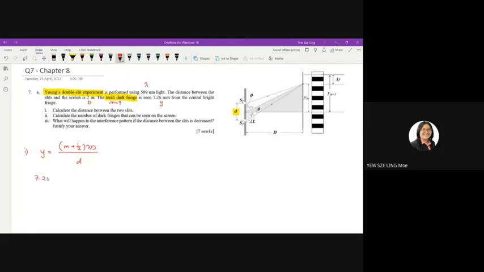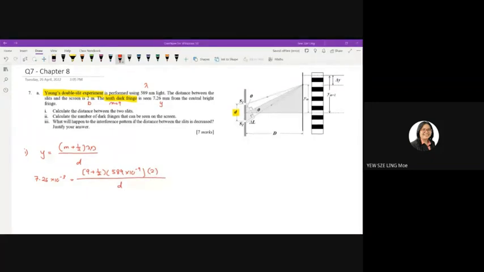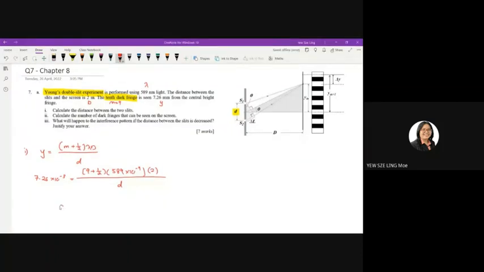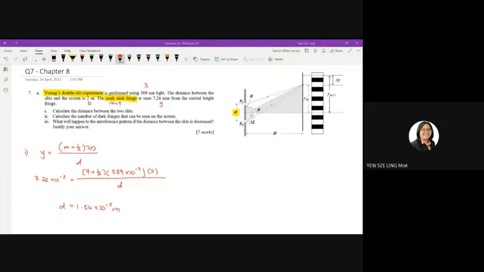So it's 7.26 times 10 to the power of negative 3 meter equals to, now m we have 9, so (9 plus 1 over 2), lambda given 589 nanometer, so 589 times 10 to the power of negative 9, capital letter D given is 2, over small letter d. All right, if you rearrange the equation, you should get d equals 1.54 times 10 to the power of negative 3 meter. So that is the answer for the first question.